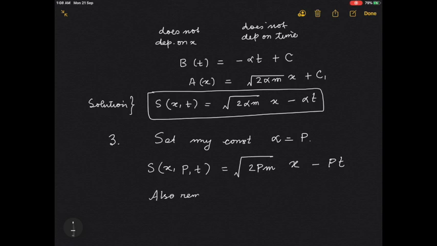Also remember, what was my Hamiltonian? The Hamiltonian was p square by 2m.